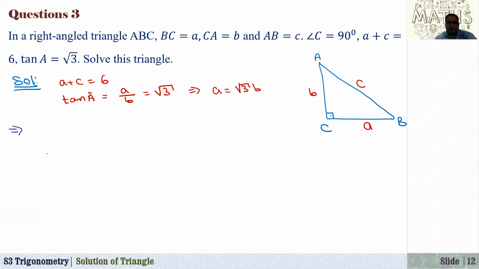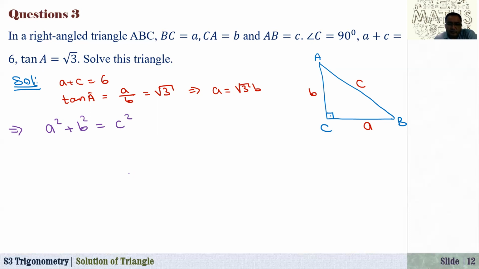Okay, so A plus C is equal to 6, right? And immediately I can just write the Pythagorean theorem and try to express everything in terms of one variable. A squared plus B squared is equal to C squared.